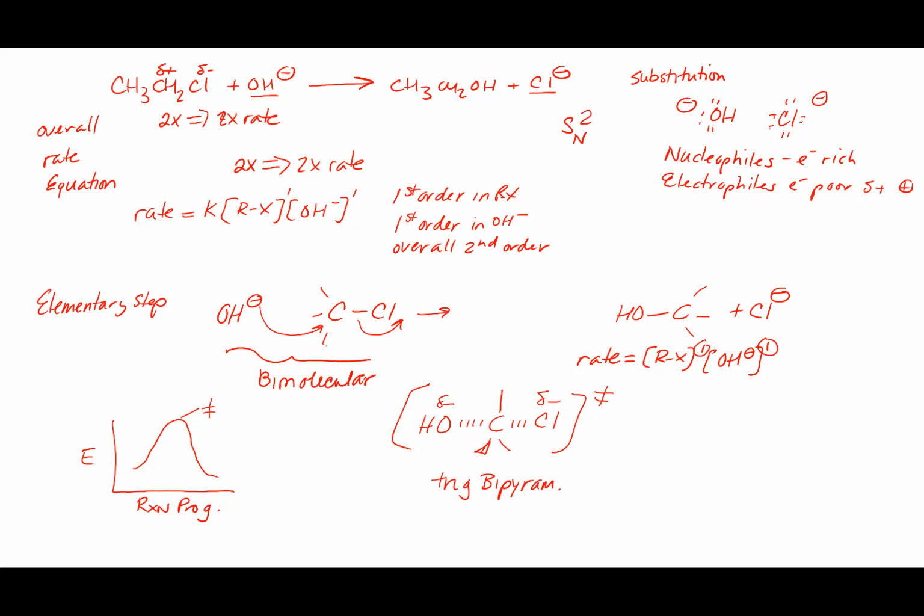Unless they make it into a textbook, then they're probably true, because nobody has busted them up for 100 years. But if somebody comes up with a new mechanism, there are tons of people out there that are going to try and break that mechanism. And so if it stands, it's good. If it doesn't, new mechanism. Okay. So this is bimolecular substitution.